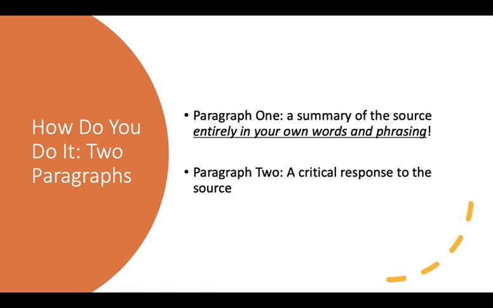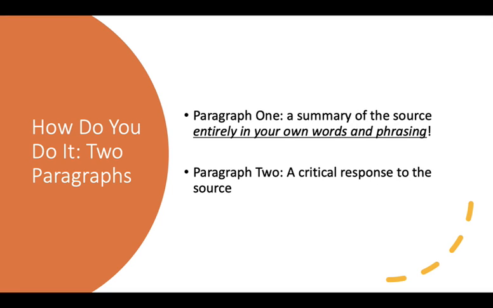So the standard for annotated bibliographies is having 2 paragraphs per entry. And that's usually what I do. In paragraph 1, I usually have a summary of my source entirely in my own words and phrasing. I think this is super important because sometimes I use text from my annotated bibliography in my paper.